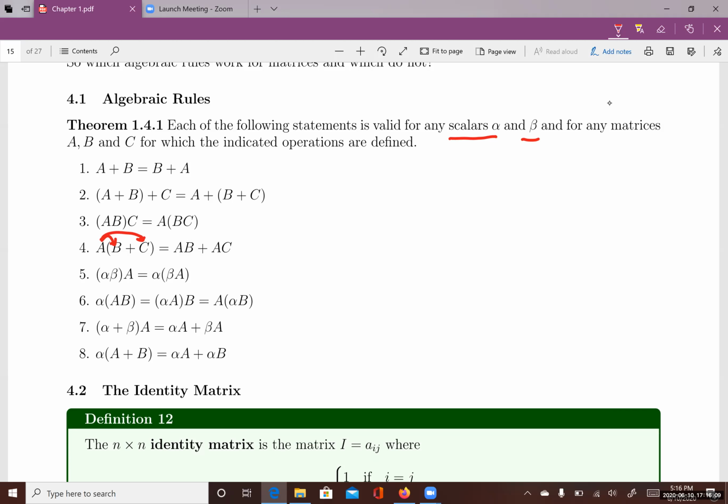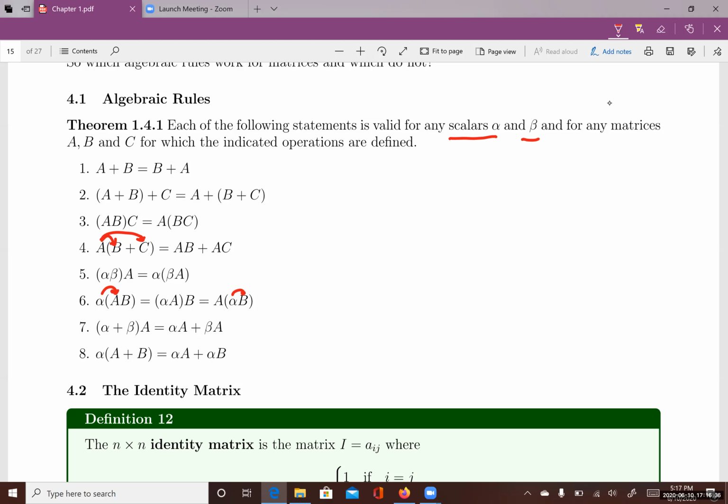If you have a scalar alpha and multiply by A times B, then you can multiply alpha to A first and then multiply by B, or you can move the alpha to multiply B and then multiply by A. Okay.